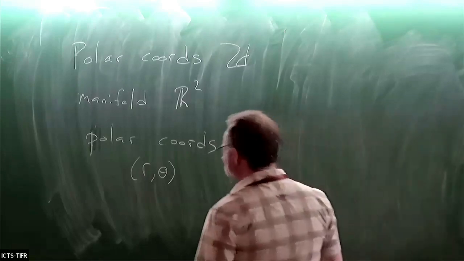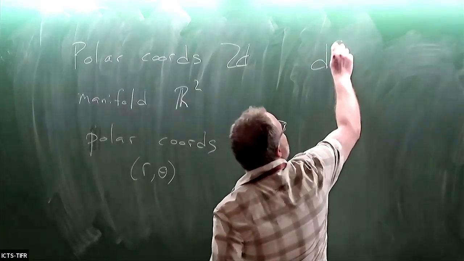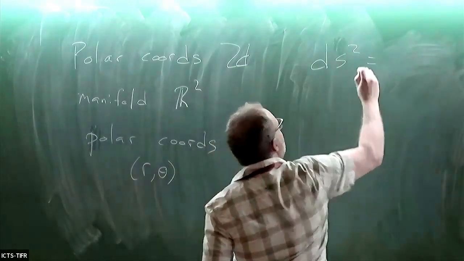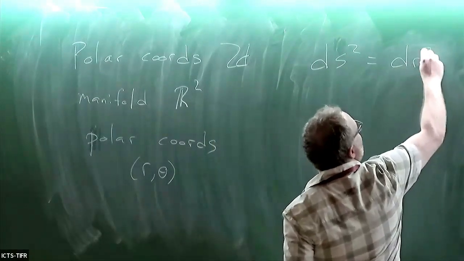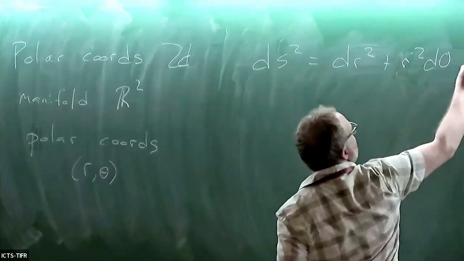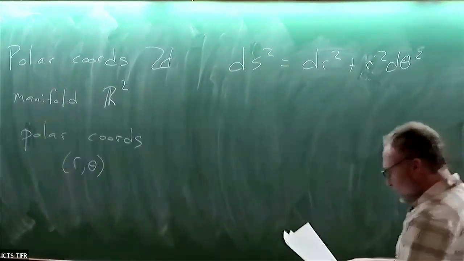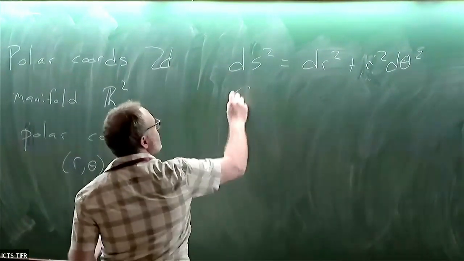Anyway, okay, so polar coordinates r and theta, right? And we write a line element, ds squared is dr squared plus r squared d theta squared. And then we have two sets of Cartesian coordinates.